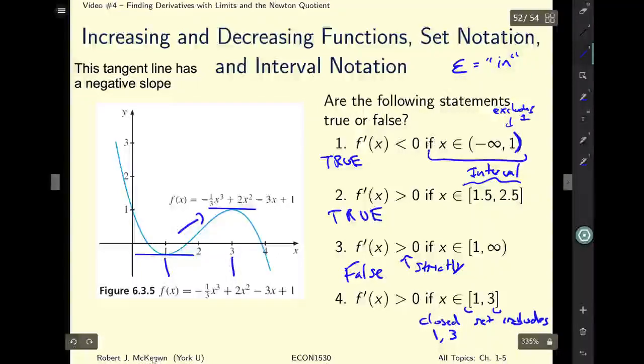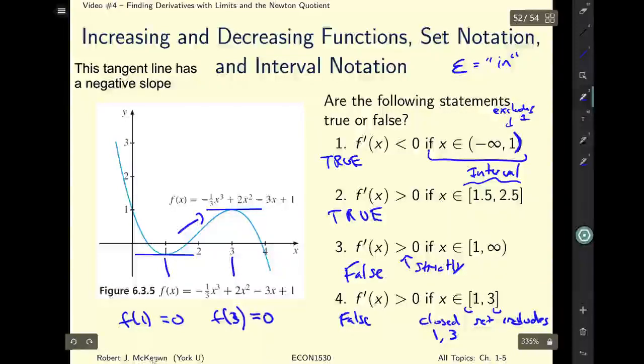I haven't drawn them really perfectly, but we know that f prime of 1 is equal to 0. We know f prime of 3 is equal to 0. And so this has to be false.